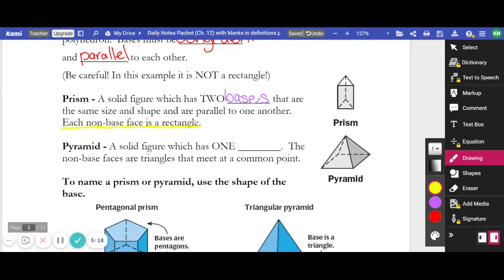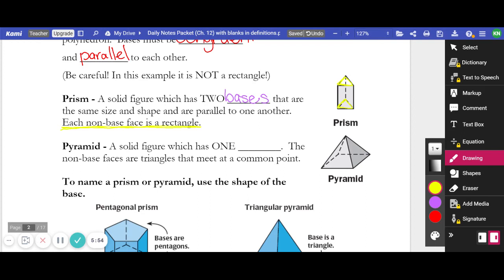The bases can be any shape, any polygon, I should say, as long as there are two of them that are congruent and parallel. The non-base faces are rectangles if it's a prism. Here's an example of a prism. The bases are triangles and the sides are rectangles. The rectangle in the front, the rectangle in the back right, and the rectangle in the back left.